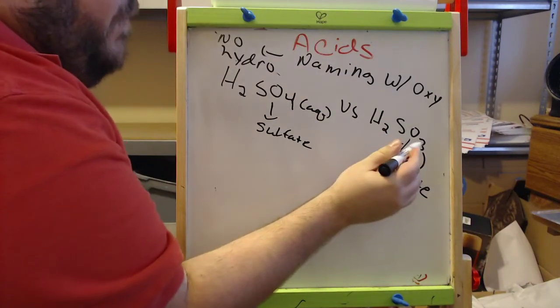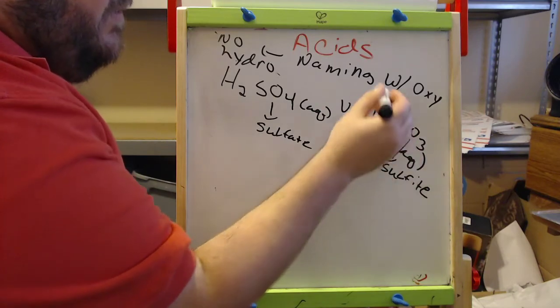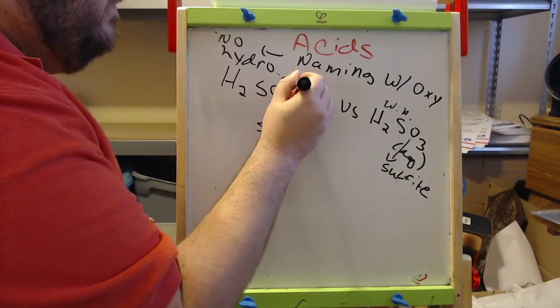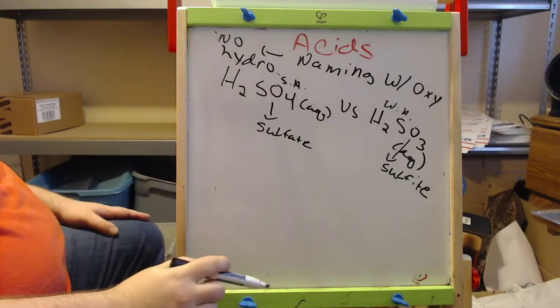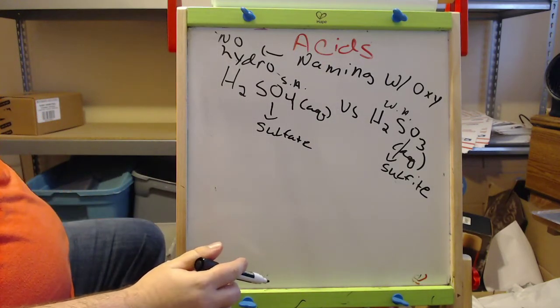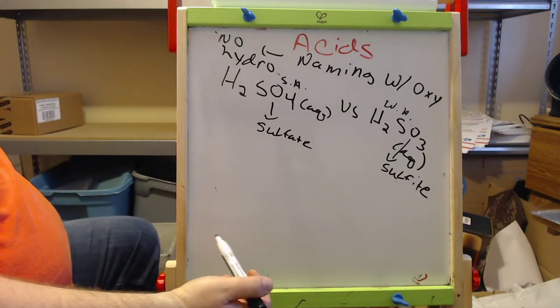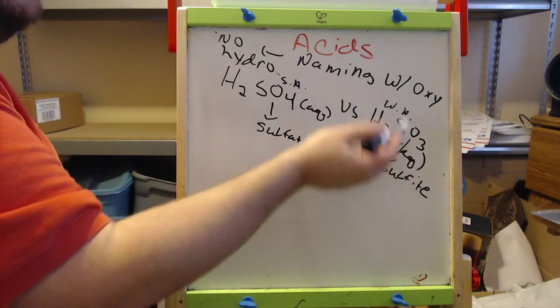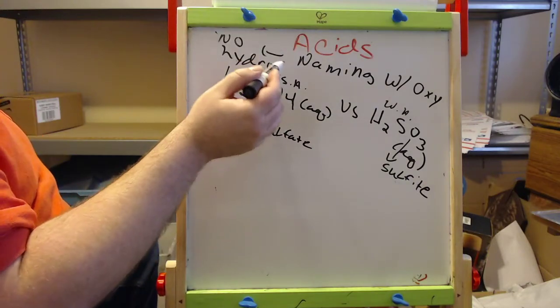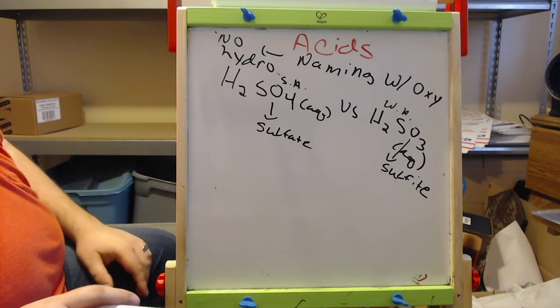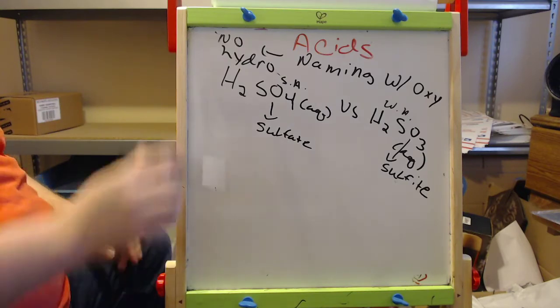The one with sulfite is a weak acid. Sulfate, sulfite. 3 minus 2 is a difference of 1, weak. 4 minus 2, difference of 2, strong.